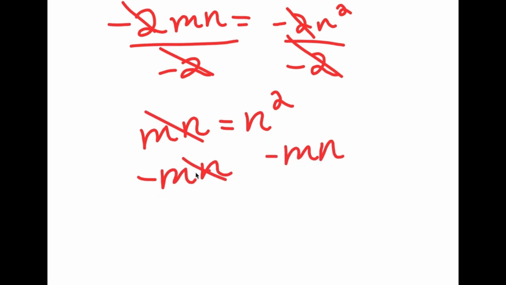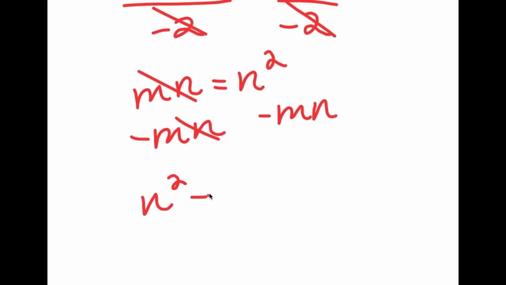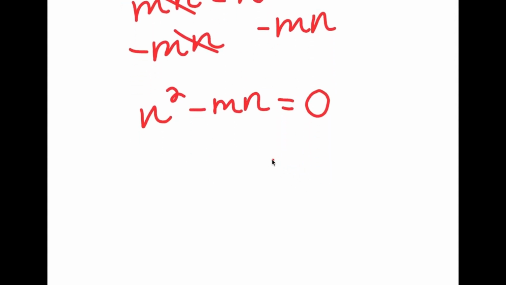So then these two cancel out, and I get n squared minus mn is equal to 0. Now the greatest common factor in n squared minus mn is n. So if I factor out n, I get n times (n minus m) is equal to 0.